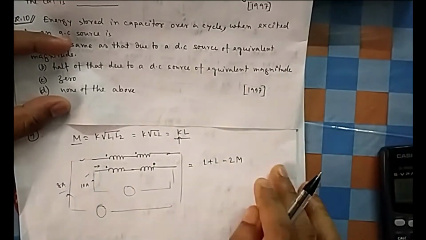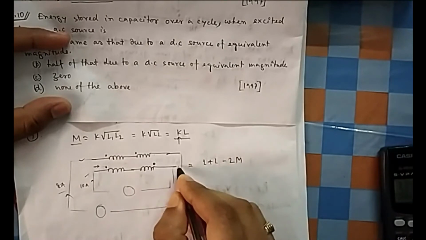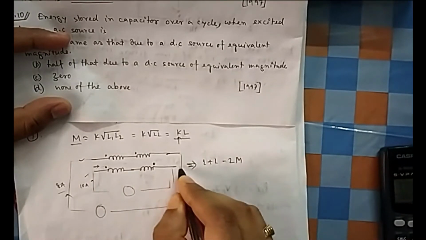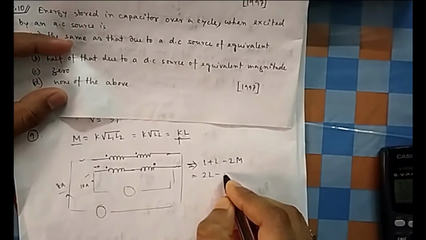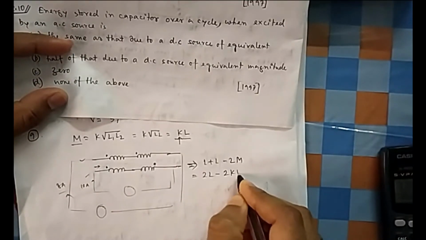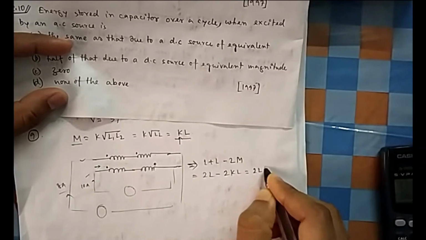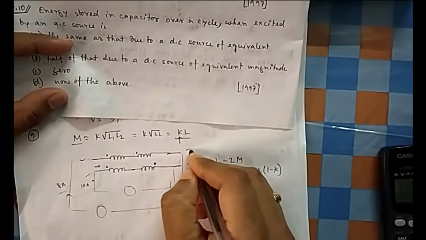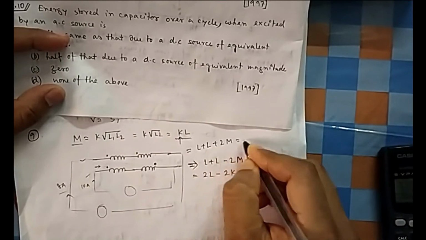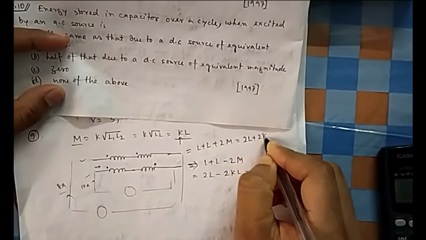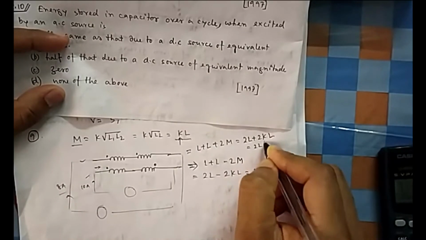That is their idea. So what will be the impedance in this case? It will be 2L minus 2M, that is 2KL. If you take 2L common, 1 minus K. And in this case, L plus L plus 2M, so 2L plus 2KL. If you take 2L common, 1 plus K.